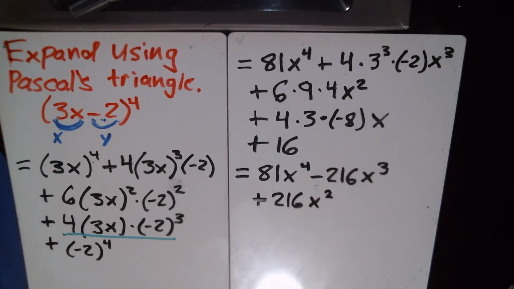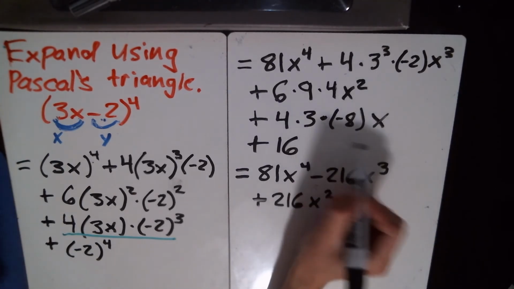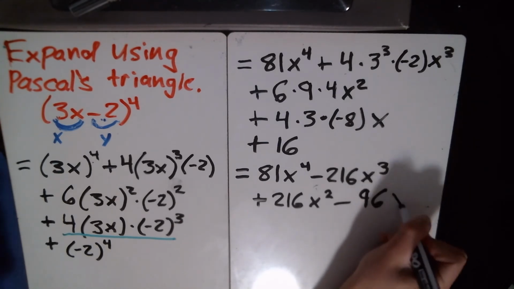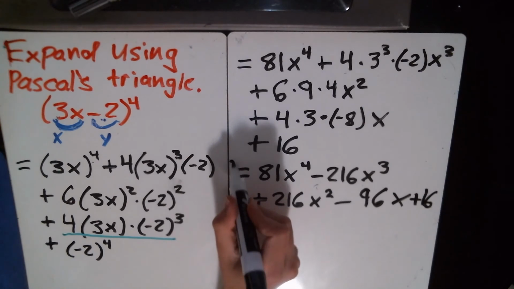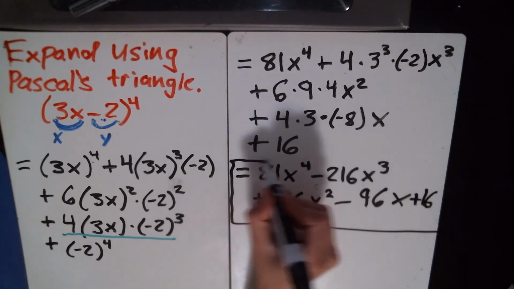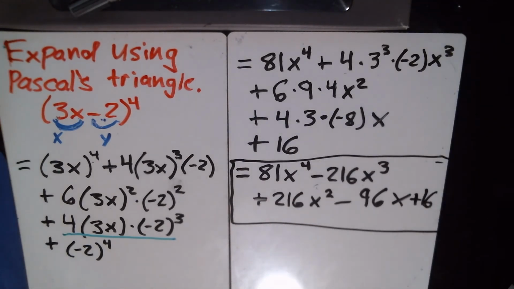Then we've got 4 times 3 times -8, which is minus 96x, and then plus 16. So that would be my answer for this one.